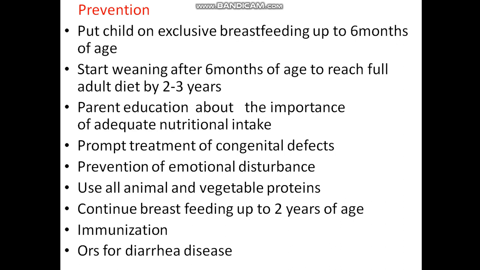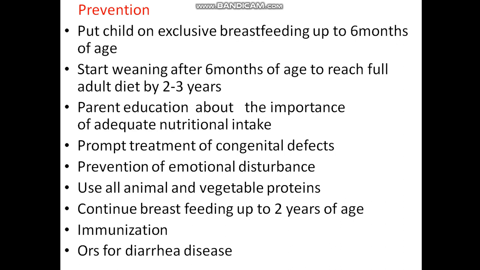Put the child on exclusive breastfeeding up to 6 months of age. Start weaning after 6 months to reach a full adult diet by 2 to 3 years. Parent education about the importance of adequate nutritional intake. Prompt treatment of congenital defects, which are treated in the early childhood period. Prevention of emotional disturbances.